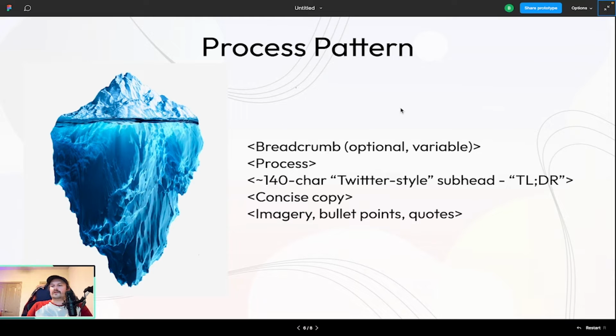And I do have a screenshot of an example of what this looks like all together next, but I want to get through and explain the remaining lines here.